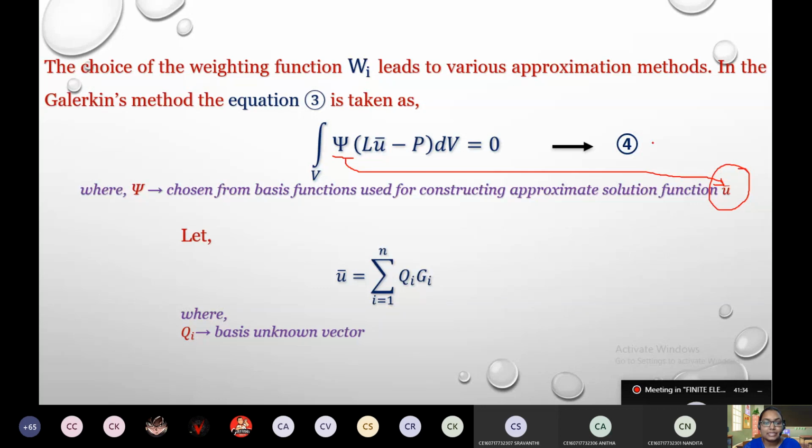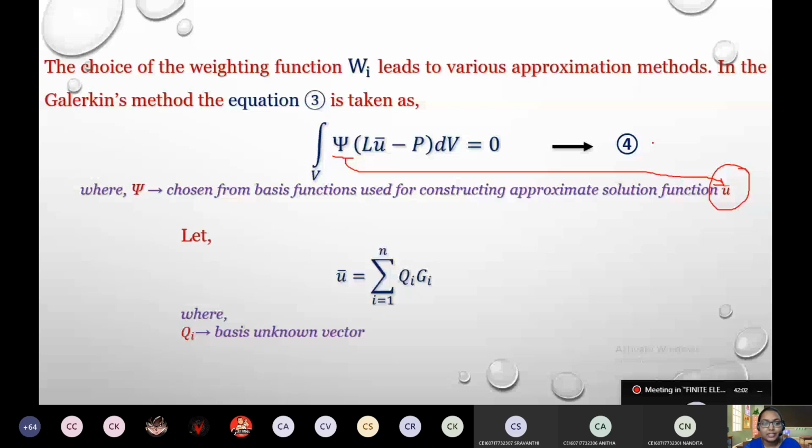Qi is the basis unknown vector. That is, all your displacement terms will come in U, because displacement is the basic unknown we consider. All right. So Qi is the basis unknown vector. I hope that all these terms, basis function, weighting function, you have already seen in your mathematics, so I'm not telling you the meaning of every term here.